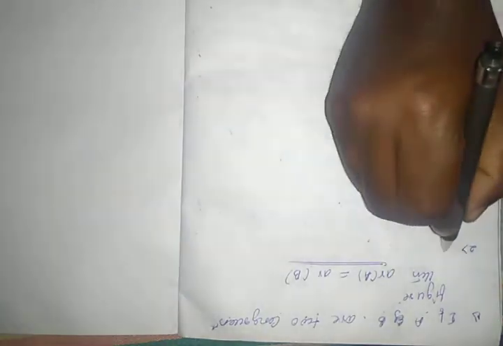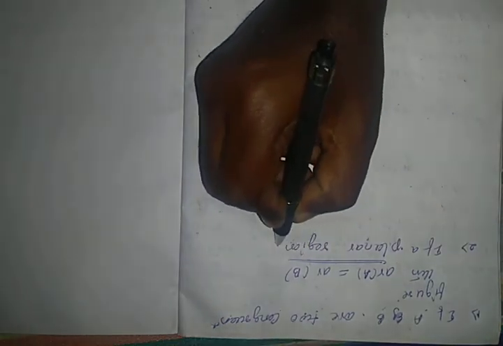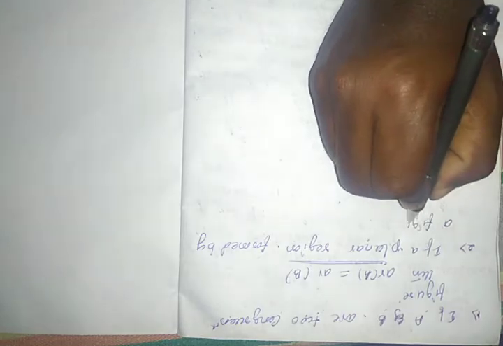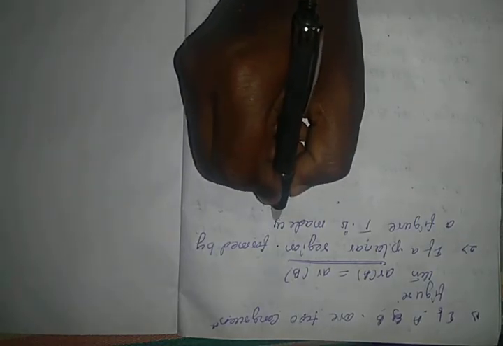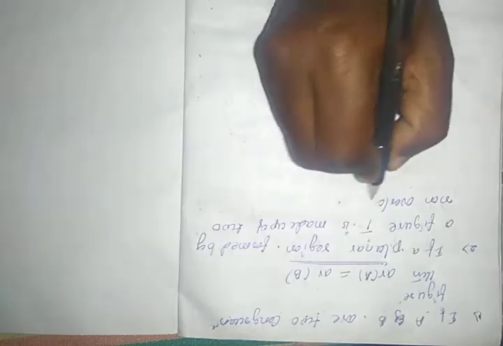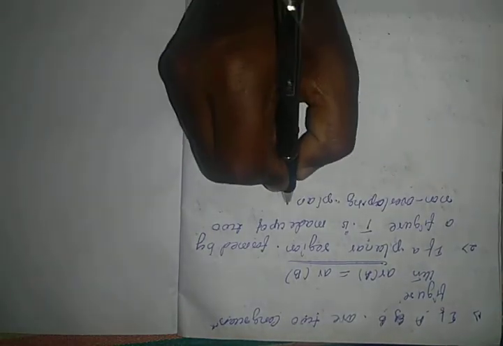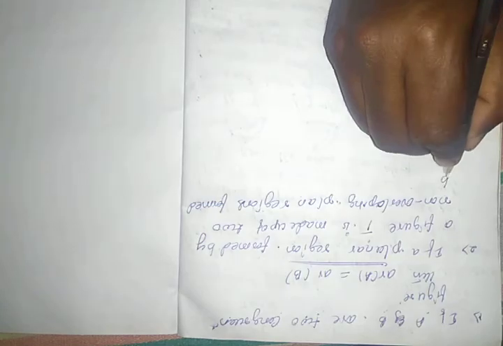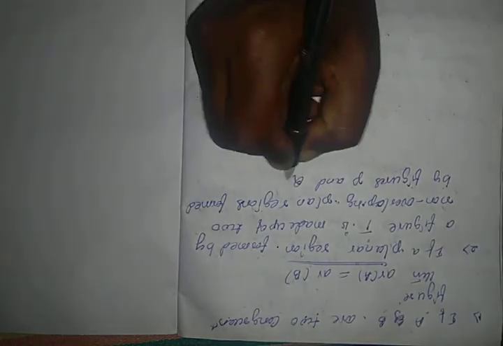And then the second condition is, if a planar region formed by a figure T is made up of two non-overlapping plane regions formed by figures P and Q. See, what is the figure?